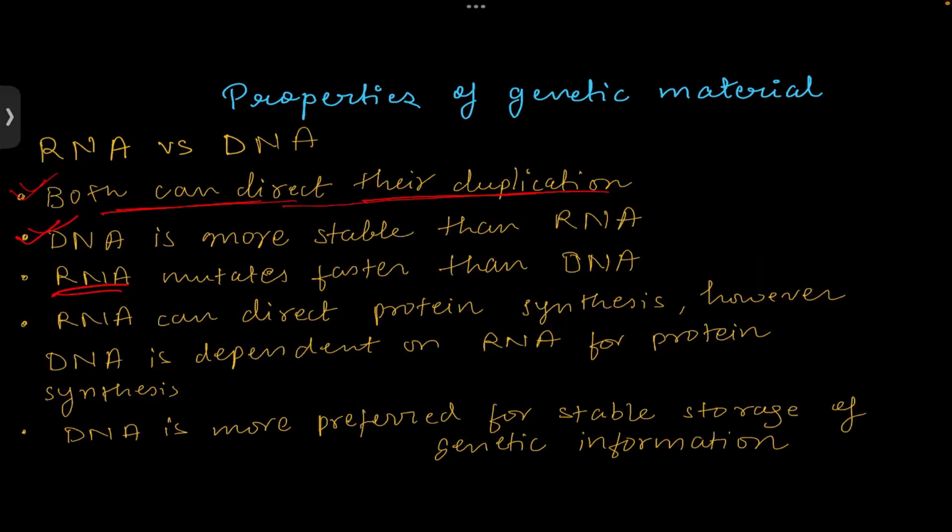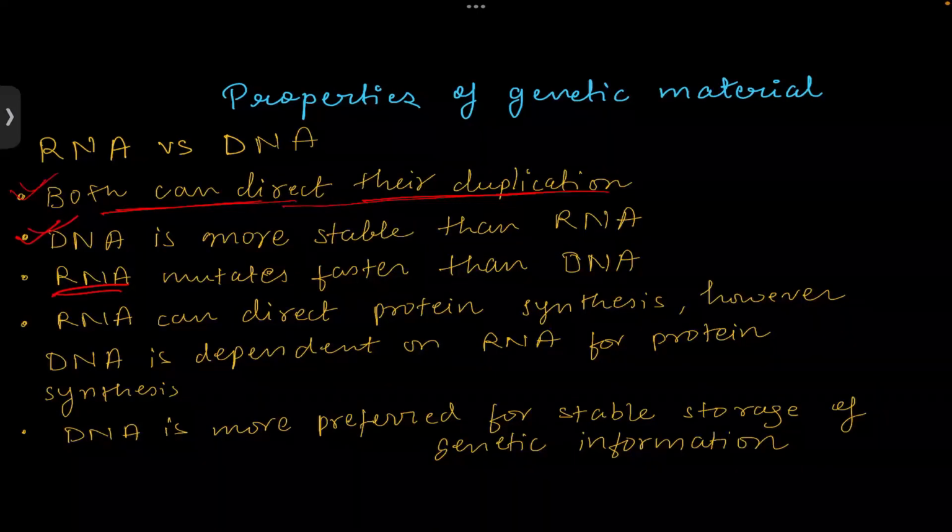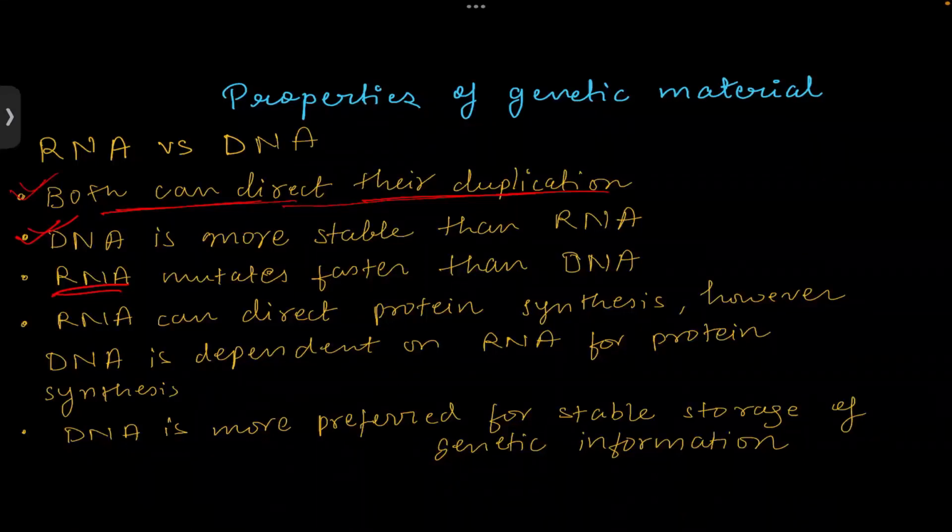Coronavirus or COVID-19 is known to have RNA as genetic material. People are fighting one strain of coronavirus, but in a few months or few days, another strain emerges. Why? Because RNA mutates quite fast. It is structurally unstable. It allows various environmental factors to change its sequence, because of which a new strain of coronavirus has emerged.